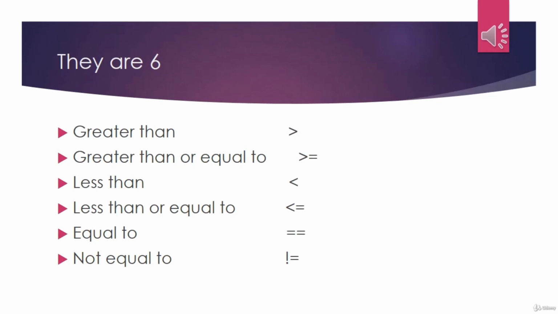Greater than or equal to, less than or equal to, and not equal to. And you can see the syntax or the characters that are used in the compiler in front of your screen. Let's suppose we discuss the last one, not equal to. An exclamation mark and equal to is used for this purpose. For typing a single equal to, we will type double equal to, so the compiler will pick up only one equal to.